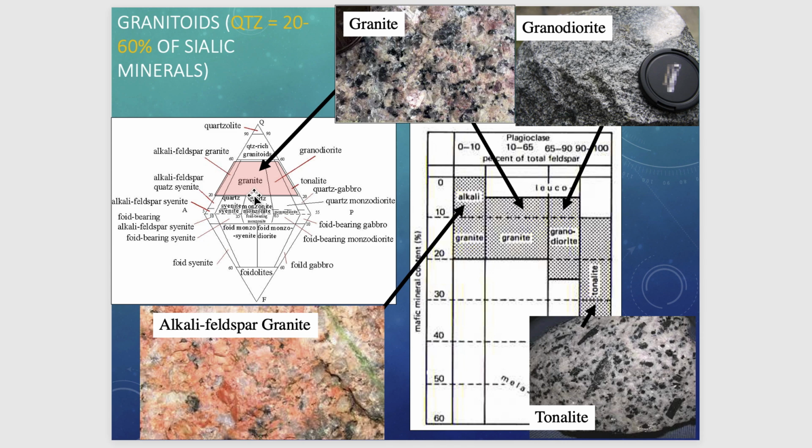What about the granite? Granite will lose some of the feldspar and replace it either with quartz or plagioclase. And you see an example of what I was saying here. You start to have more mafic minerals as well, so you can see more black plugs of biotite, but also regions that are gray in color that are more representative of quartz.